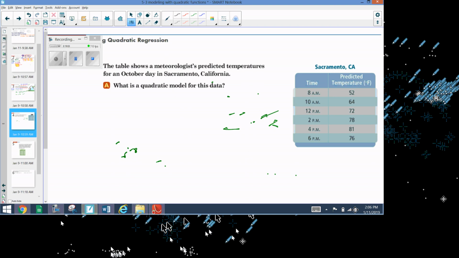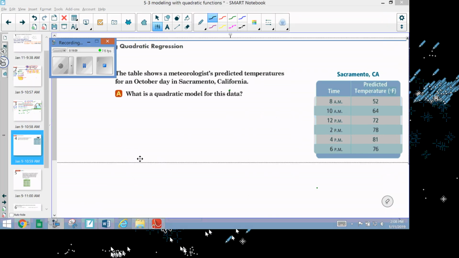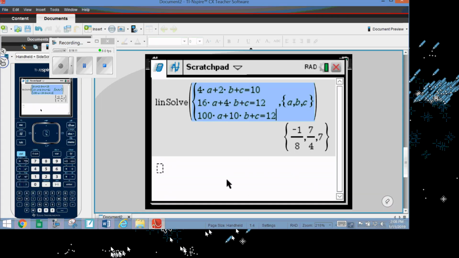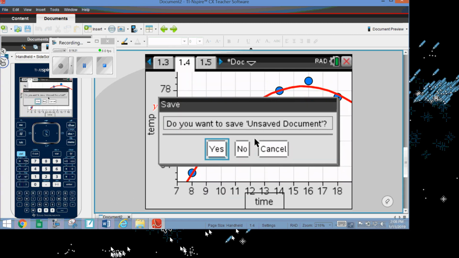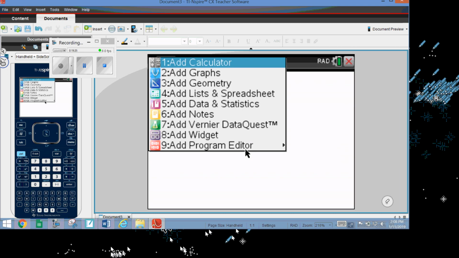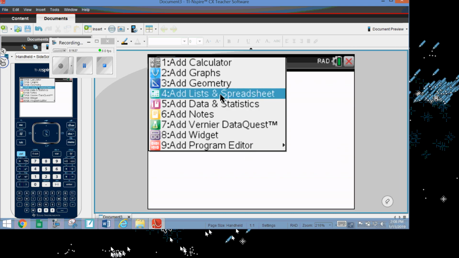Open that up. You need to go to the main menu, and what is that? New document. We don't have to save anything yet. Then spreadsheet.